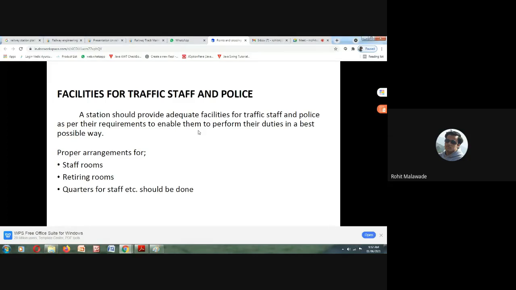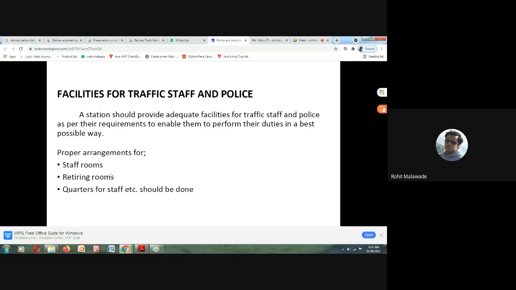A rest room for your driver or your TC, the ticket checker. All these arrangements should be there for their living in that particular place. And for police, as per requirements, to enable them to perform their duties in the best way.